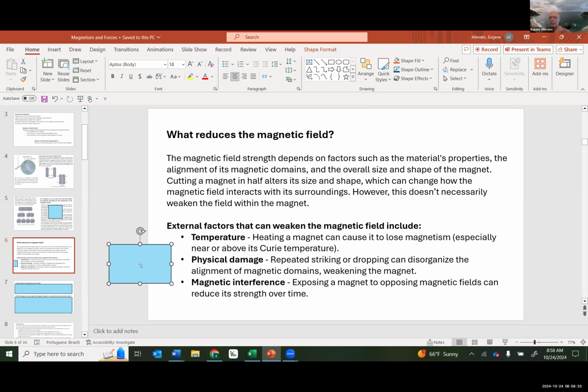So that means exposing ferromagnetic materials like iron to a strong magnetic field can create some sort of temporary magnet.